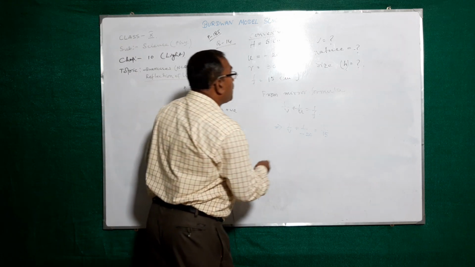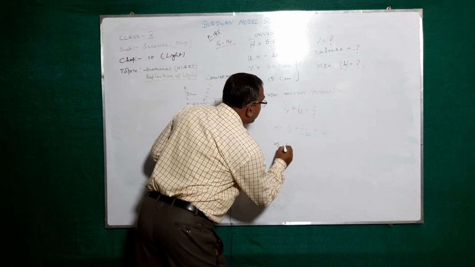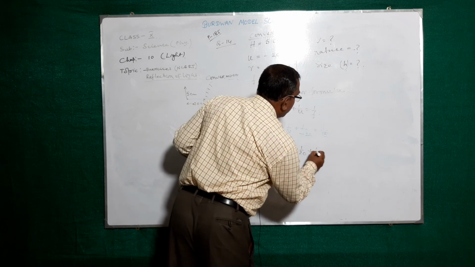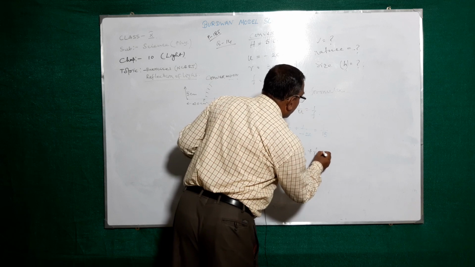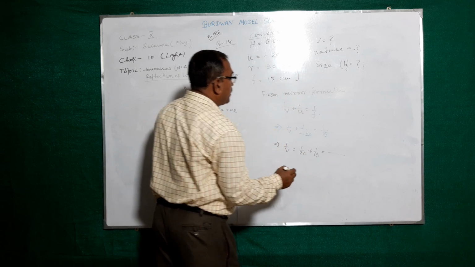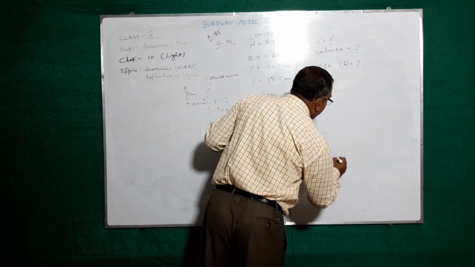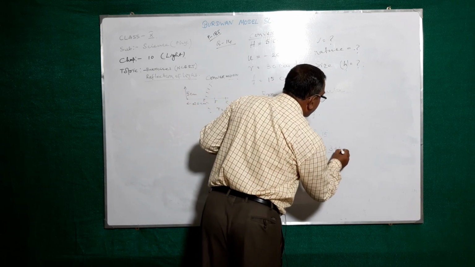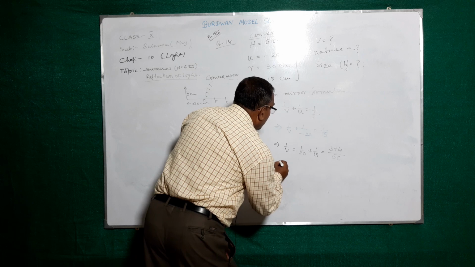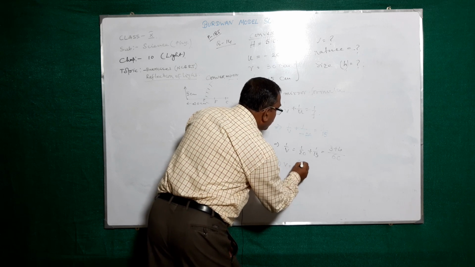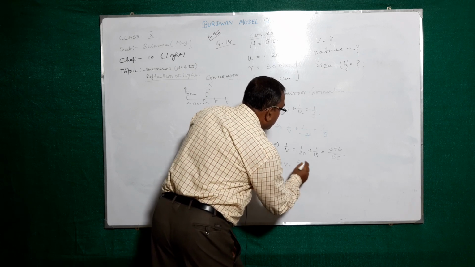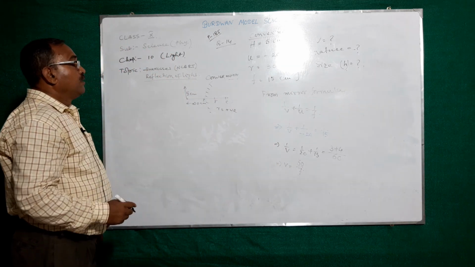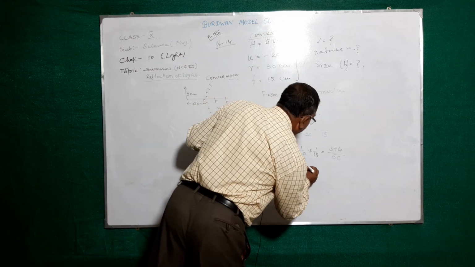So you simplify it. What will be the value of V? 1 by 20 plus 1 by 15. What will be its LCM? 20 and 15, LCM 60. 3 plus 4. What will be the value V? V equal to 60 by 7.